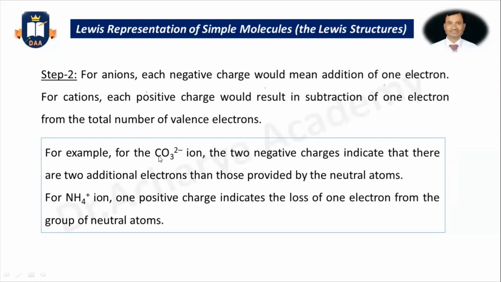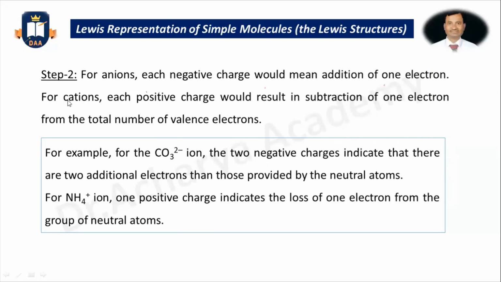That means if it is CO3, that means 1 carbon and 3 oxygen atoms, and for the neutral atoms, whatever valence electrons they have, you have to add 2 electrons, because 2- means 2 negative charge.